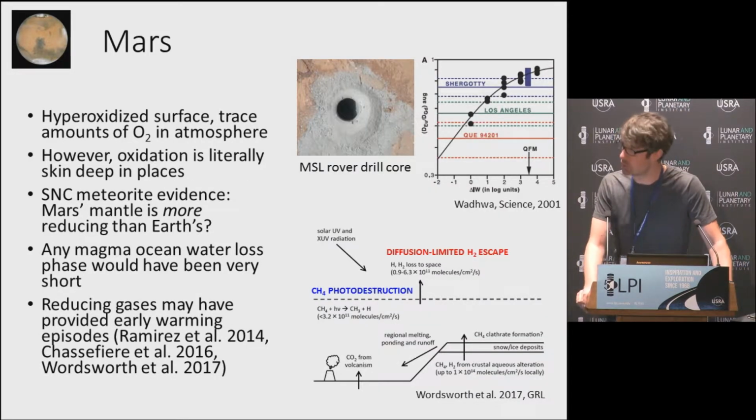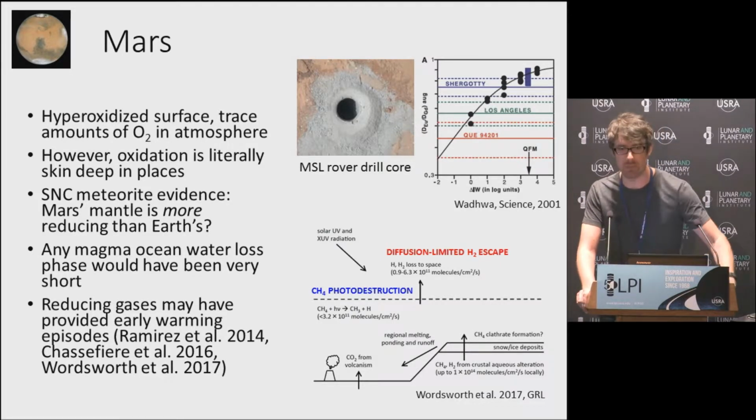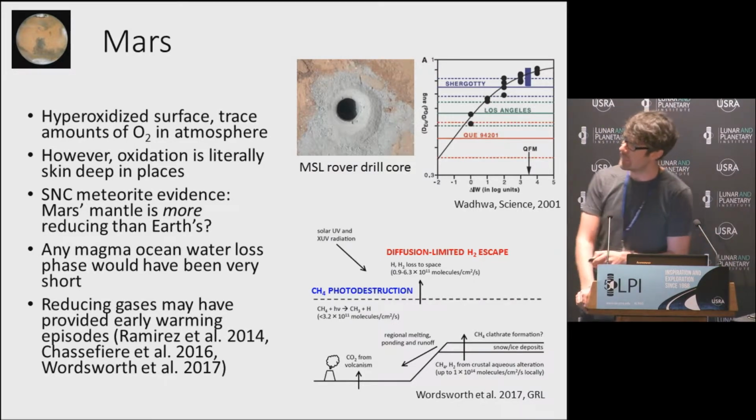Okay, so rushing through the solar system now outwards towards Mars. Mars is another interesting case for different reasons. Mars is rusted red, so it clearly has a hyperoxidized surface. There's a lot of oxidized iron and likely compounds like hydrogen peroxide near the surface. But in many cases, it looks like this oxidation is literally skin deep.